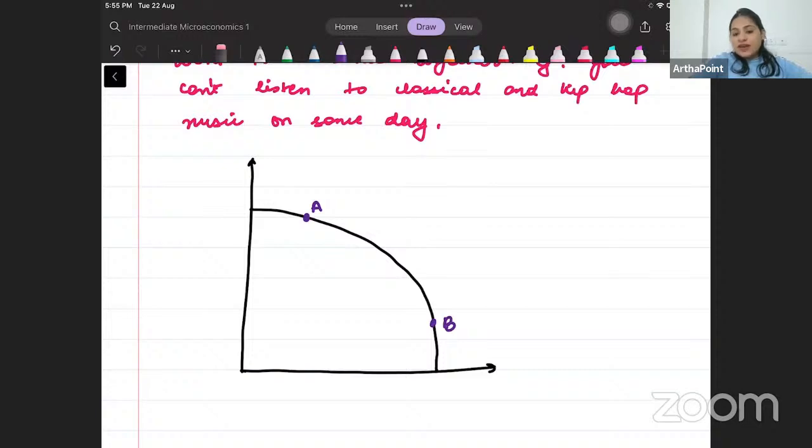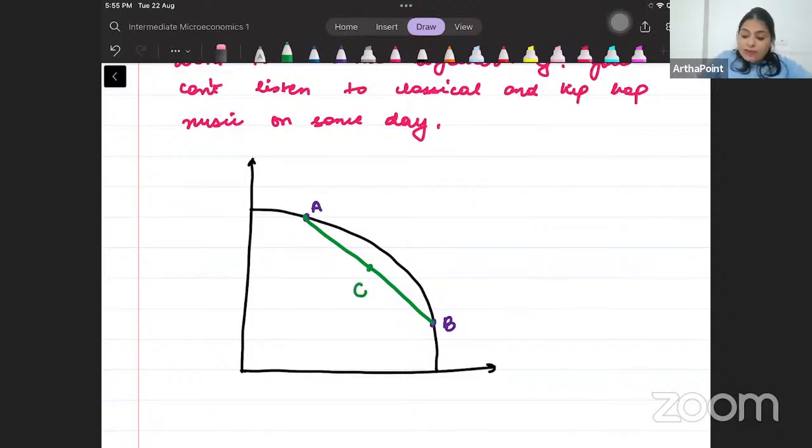Beta, you can find weighted average only by joining the bundle. So I will join these two together. Whatever bundle will lie on this line is my weighted average. So beta, bundle C is your weighted average.